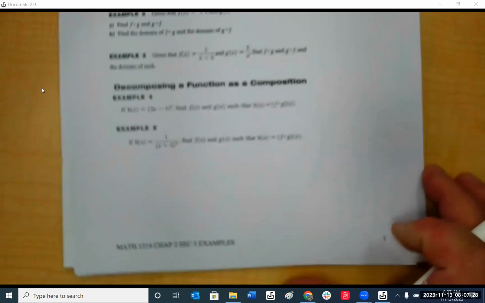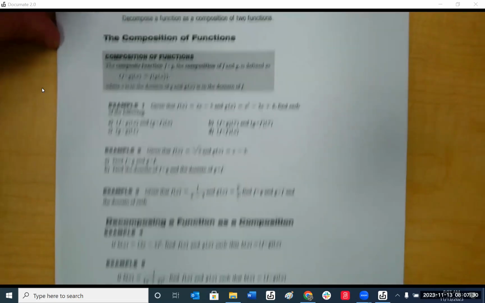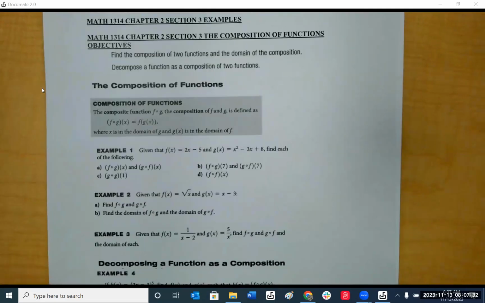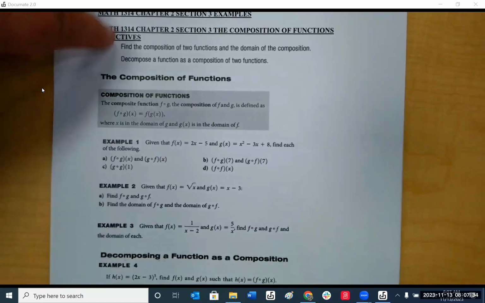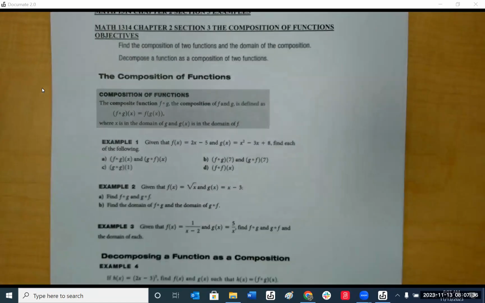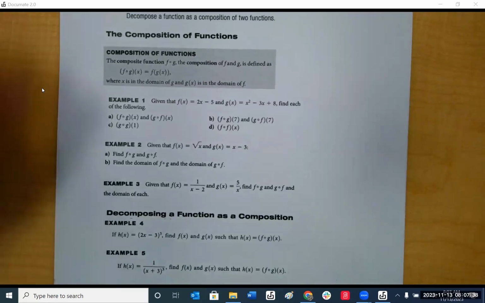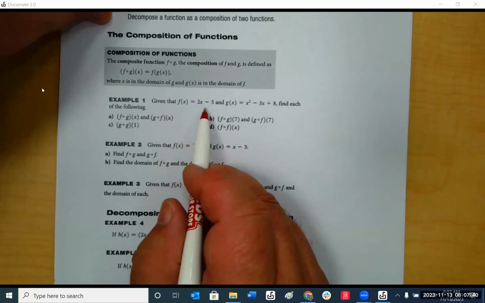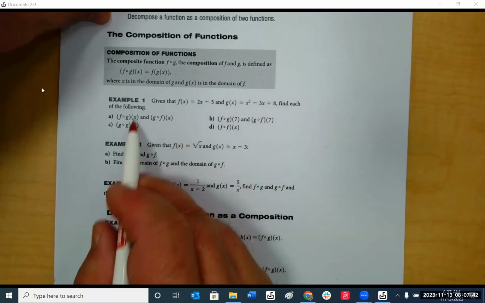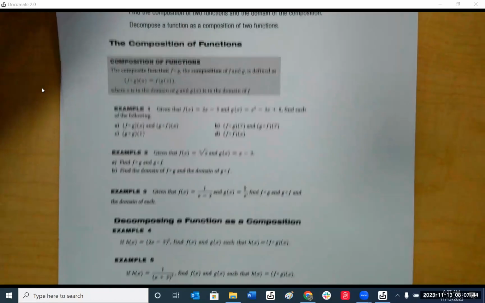All right, so let's look at our examples. This is chapter 2, section 3. Because we need to know these so we can start chapter 5. So example 1, given f of x is that, g of x is that, find all 4 of these.